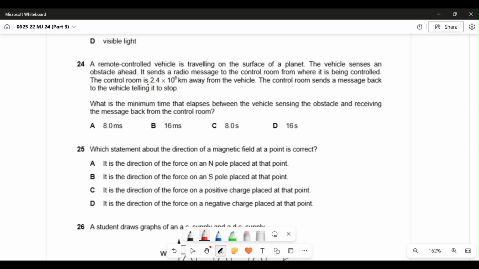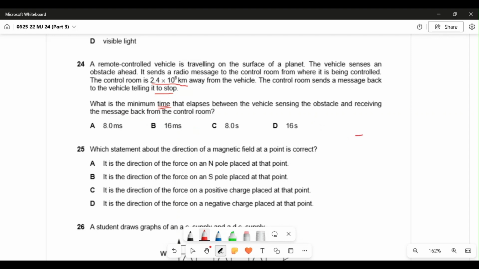The control room is 2.4 times 10 to the power 6 kilometers away from the vehicle. The control room sends a message back to the vehicle telling it to stop. What is the minimum time that elapsed between the vehicle sensing the obstacle and receiving the message?